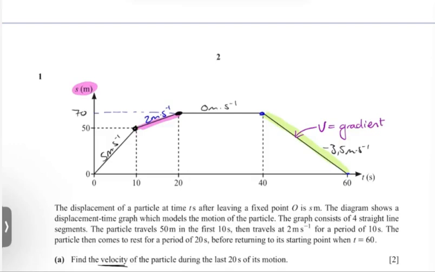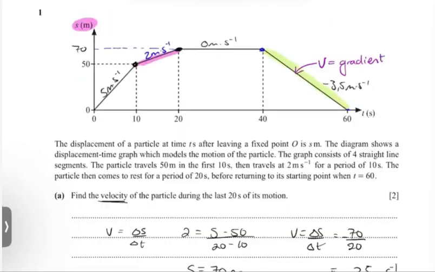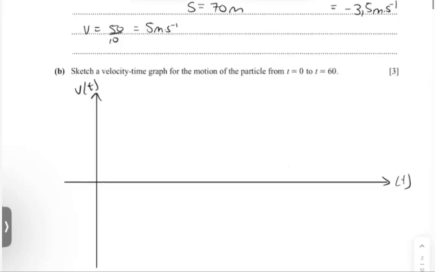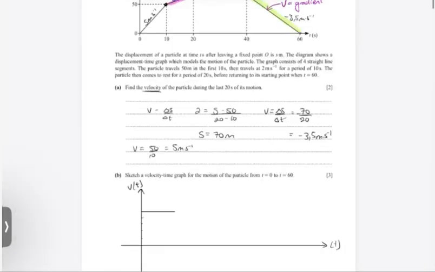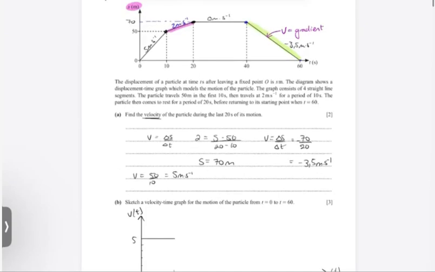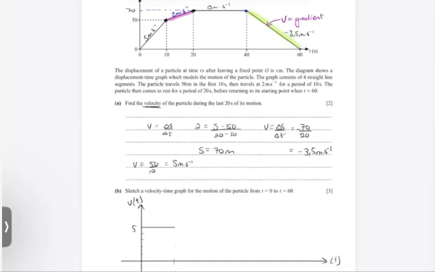So there we've got our 4 different constant velocities, and what that looks like on our graph is 1, 2, 3, 4. Let's just take 5 up here. So for the first 10 seconds of motion, we're going at 5 meters per second. Then for the next 10 seconds, it's 2 meters per second.